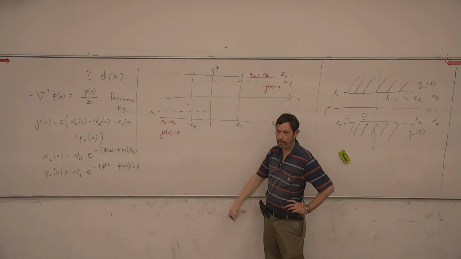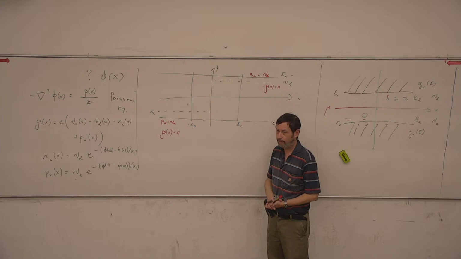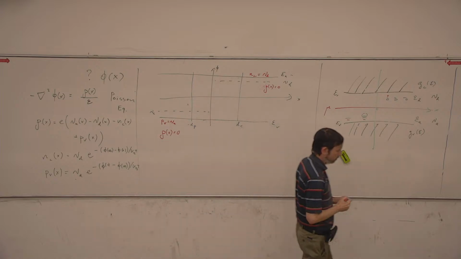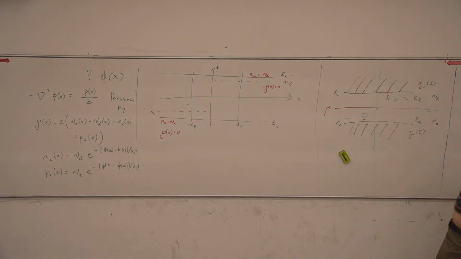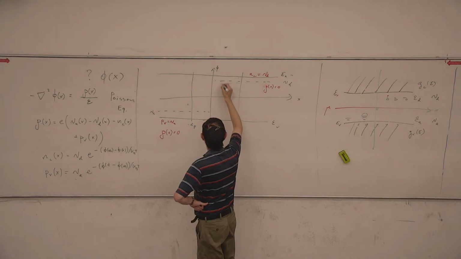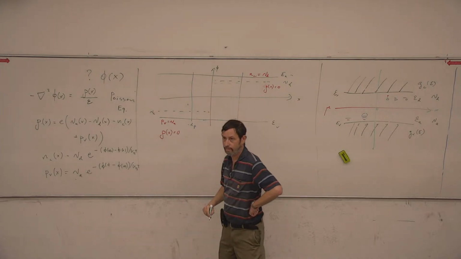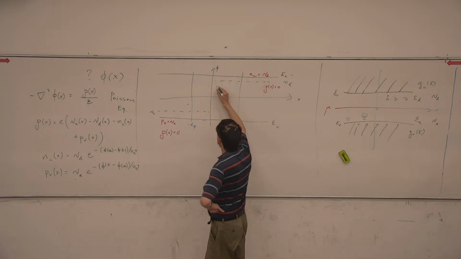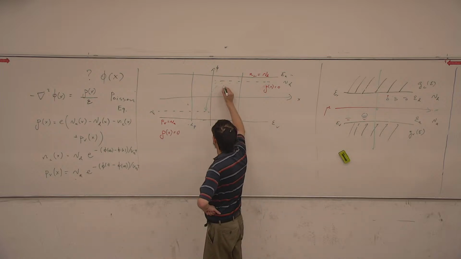In this region, I assume all the electrons that were sitting happily on the donors move to the acceptors.